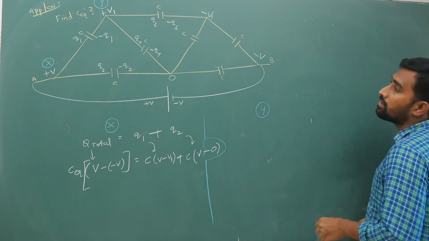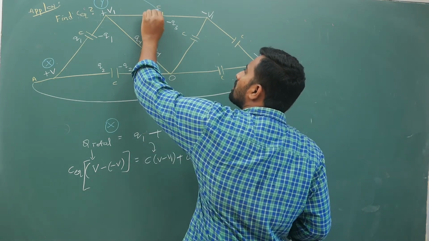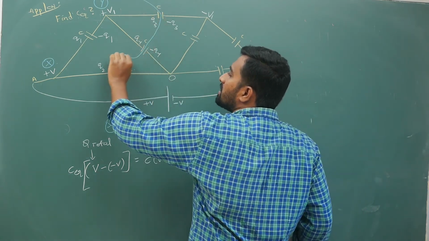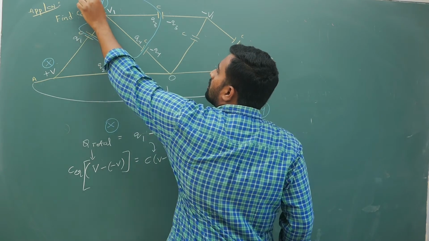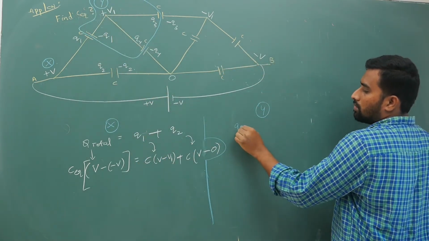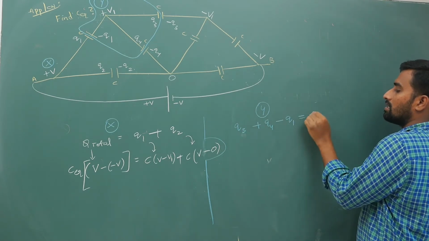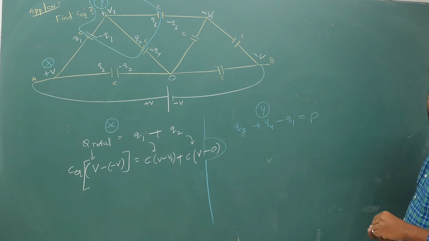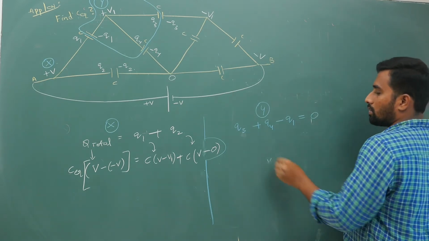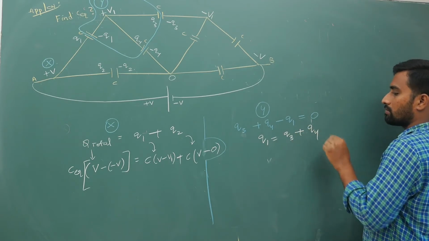Next, at node Y, if you take this loop, within this loop your enclosed charge is equal to 0. So Q3 plus Q4 minus Q1 is equal to 0. So Q1 is equal to Q3 plus Q4.